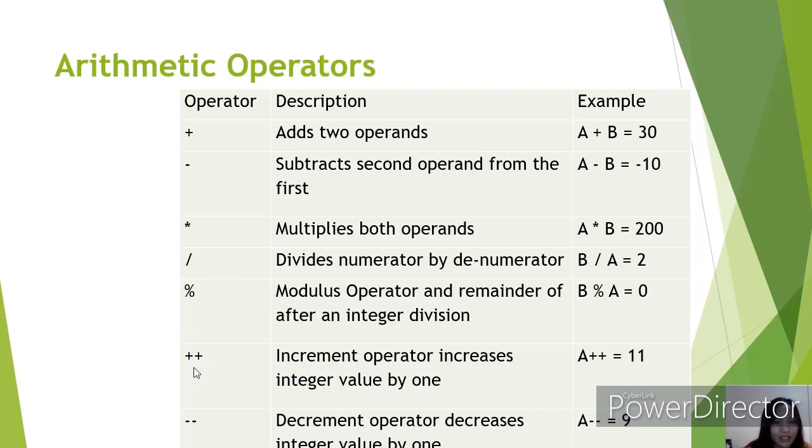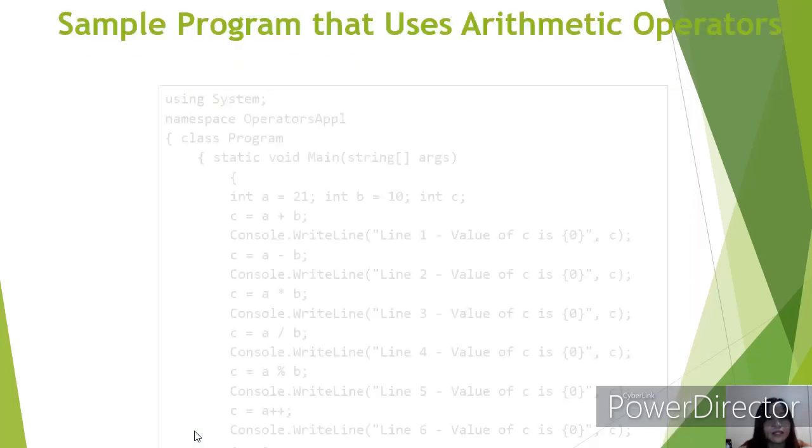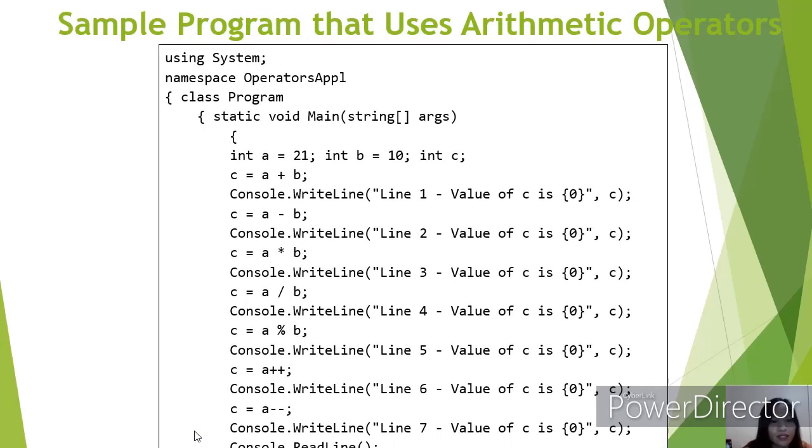And then ++ adds exactly 1 to the variable, and -- deducts exactly 1 from the value of the variable. This is a sample program that uses arithmetic operators. I will show that to you later in Visual Studio C Sharp.